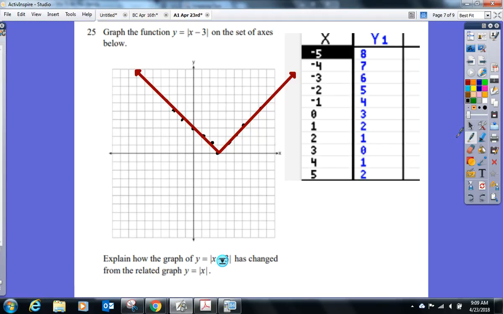Okay, where's the other side here? Where's this graph here? Because it should look like that up there. So I need to see where I'm missing the other side here.